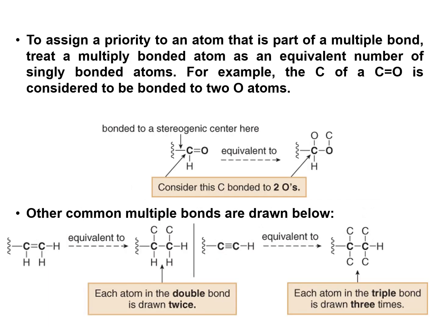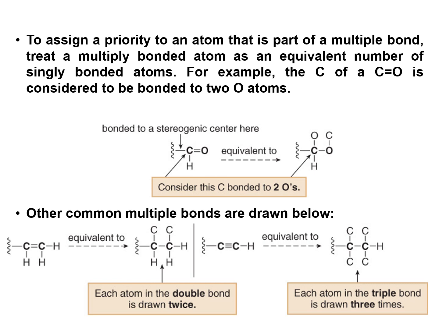To assign the priority to an atom that is part of a multiple bond, treat the multiple-bonded atom as an equivalent number of singly bonded atoms. For example, the carbon of a carbonyl is considered to be bonded to 2 oxygen atoms. That means a single carbon can be attached with 2 oxygen bonds, and you have to identify by this principle.